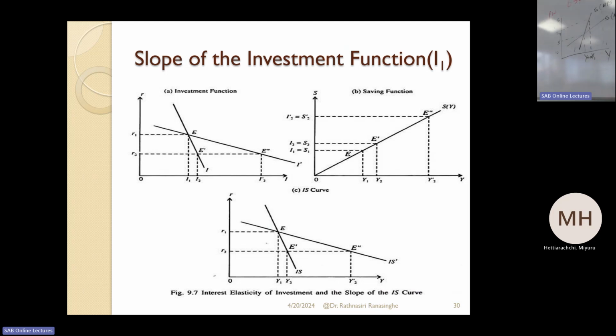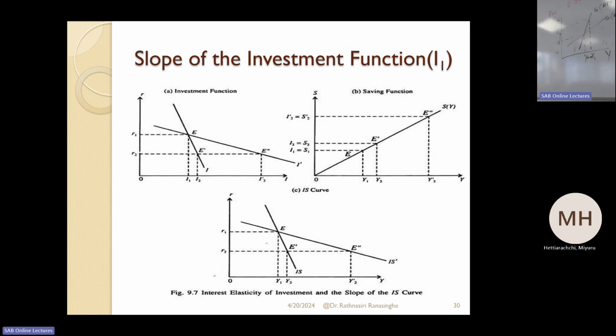If we have a low interest elasticity of investment, that gives a steeper IS curve. You can see this relationship with the explanation from earlier, related to investment and savings and the slopes of these curves. A steeper investment curve ends up with a steeper IS curve, and a flatter investment curve ends up with a flatter IS curve.